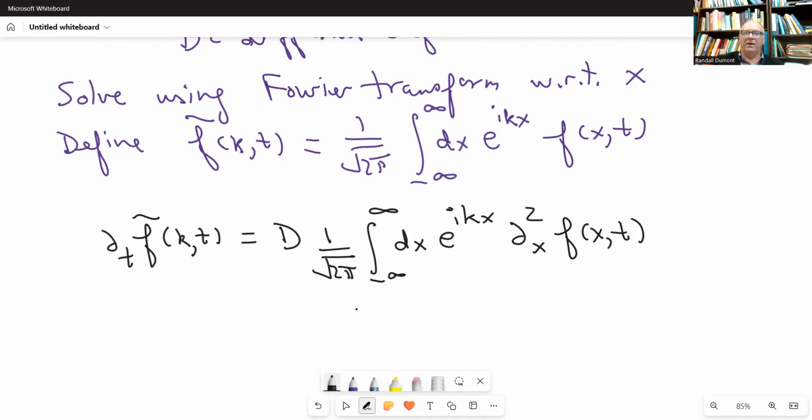Okay. So what we're going to do is integration by parts twice. When you do integration by parts, you get a boundary term minus an integral, where we can swap this derivative over to the other function. We pick up a minus sign when we do that. We also have a boundary term, but the boundary terms are going to be 0. I'll come back to that.